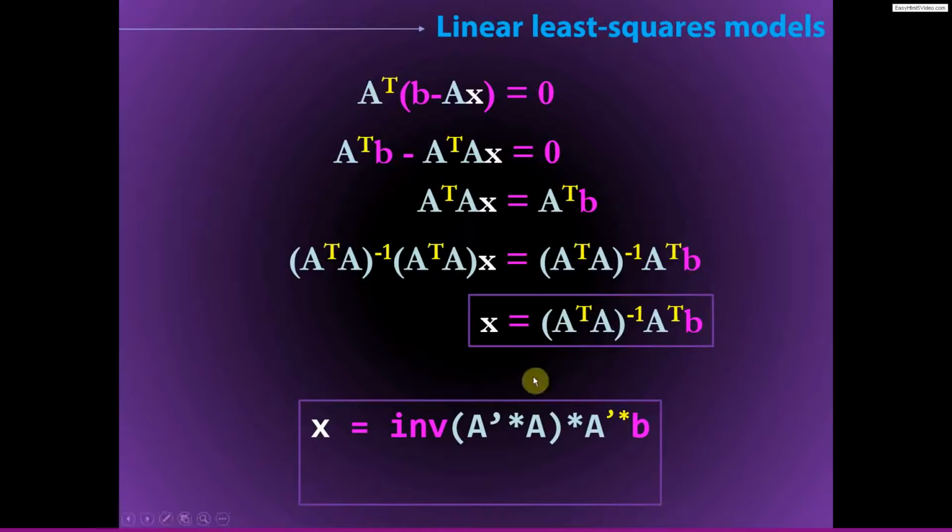So in fact, although this equation makes sense theoretically, in practice, computers don't want to compute the inverse. So MATLAB has a bunch of tricks that it uses to implement this equation without actually taking the inverse of A transpose A.